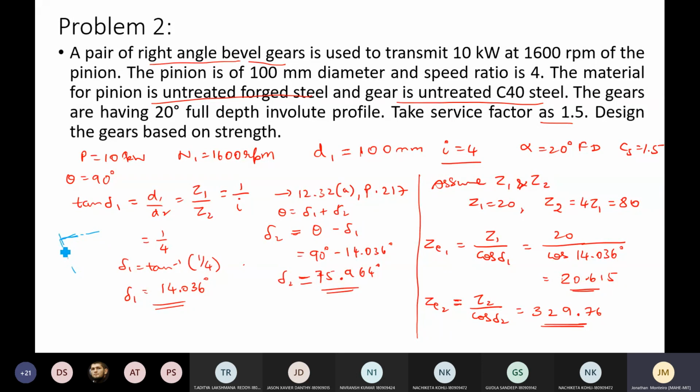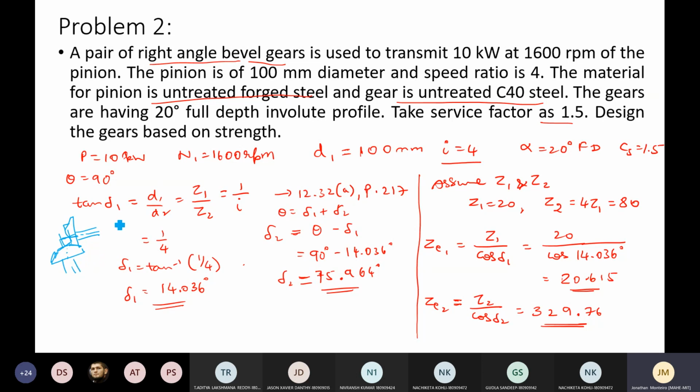The included angle between them is totally 90 degrees. Whatever the combination is, the associated gearing will happen in such a way that the total transmission from driver to driven will have an angle of 90 degrees.